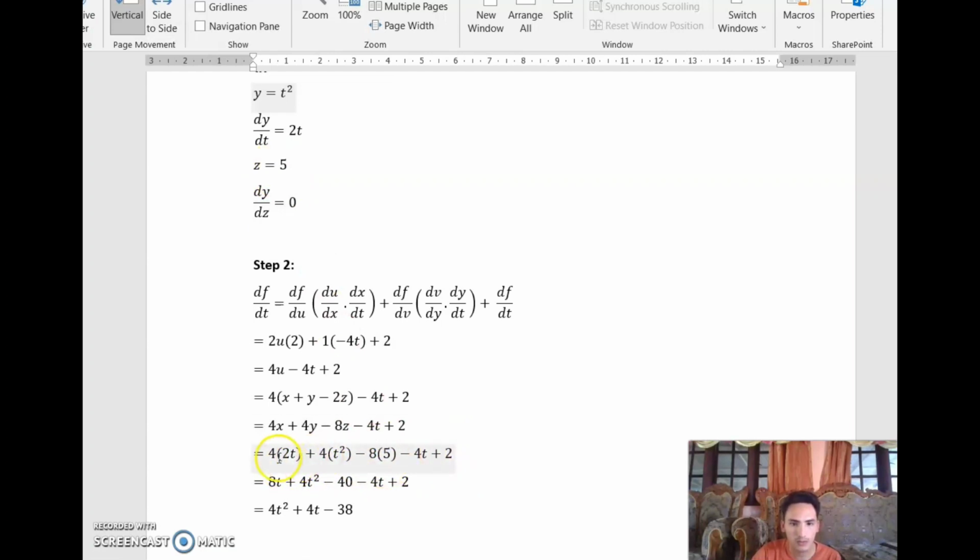And for the expansion, we get 8t plus 4t squared minus 40 minus 4t plus 2. So the final answer is 4t squared plus 4t minus 38.